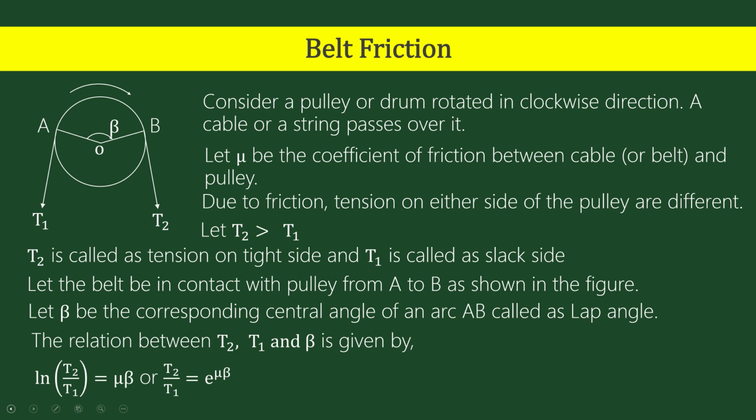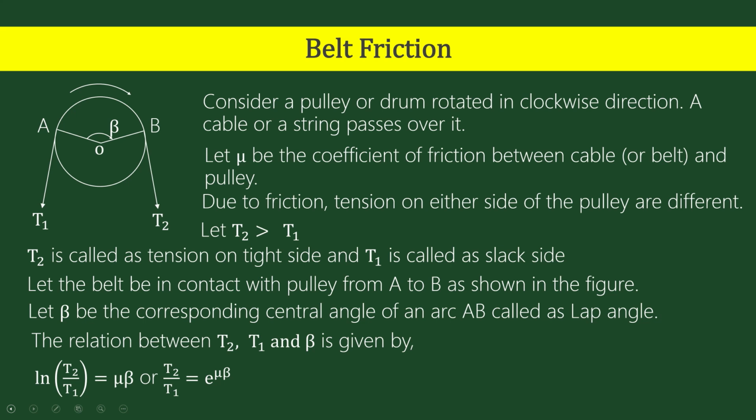Now, in these two equations, if mu or beta is unknown, it is better to use the ln equation, the log equation, and if T1 or T2 is unknown, in that case it is better to use the second equation. So, this is the concept which is to be used to solve the examples.